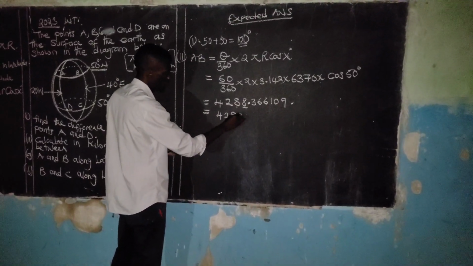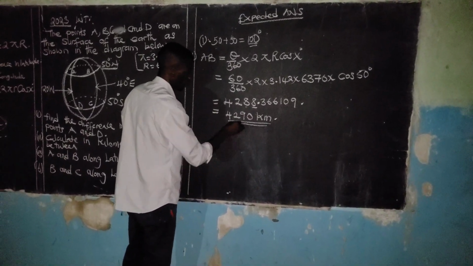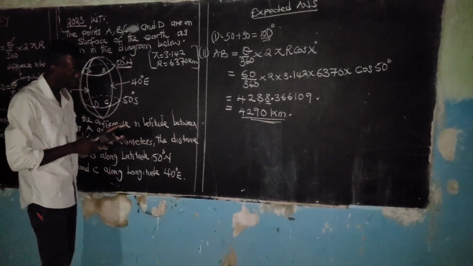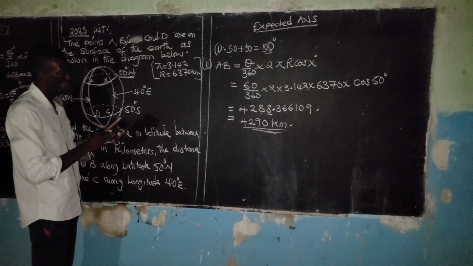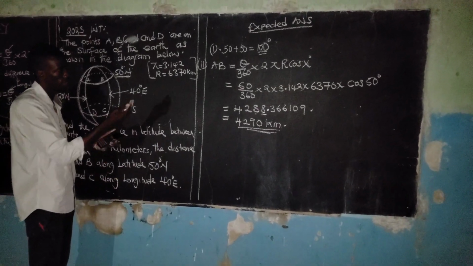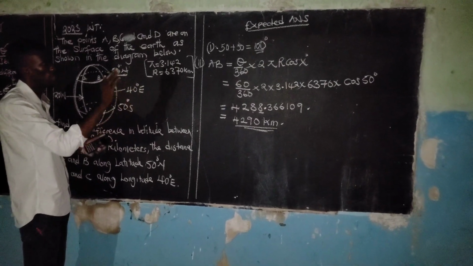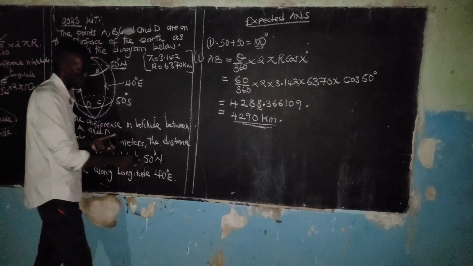Then here we put a 0, in kilometers. So that becomes our answer there. So it's just a matter of putting the theta there, then later you punch in on your calculator 60 divided by 360 times 2 times 3.142 times all those, and then you'll be able to get this value.